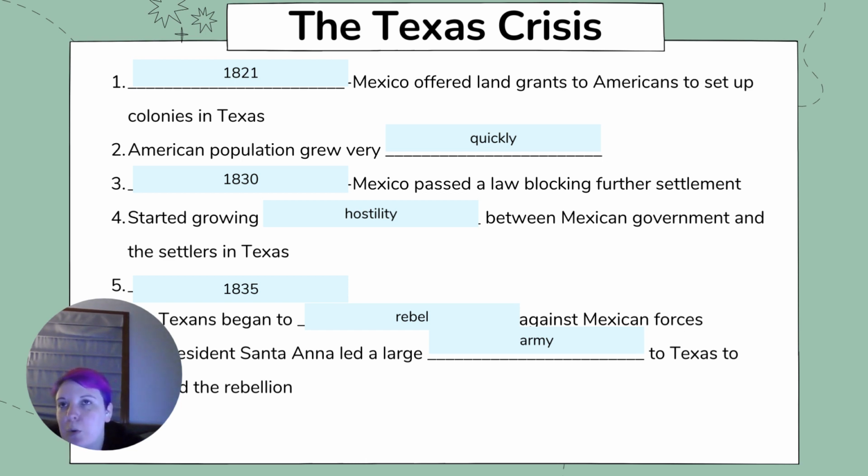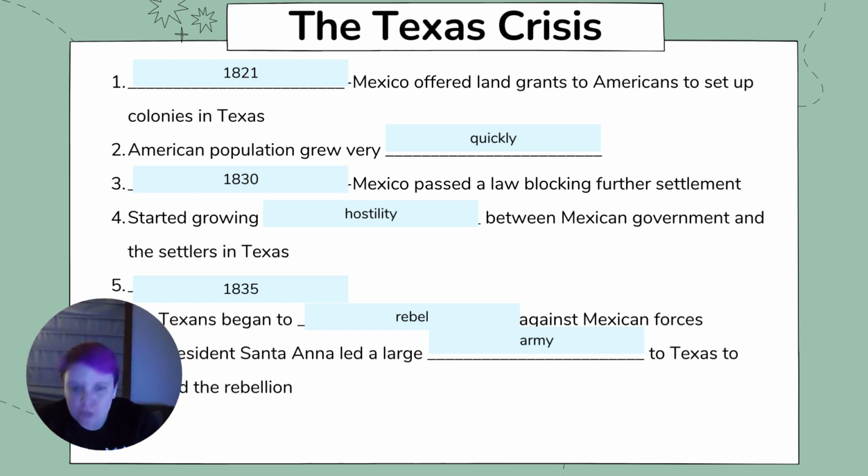So if you remember at this point, we had gained our independence from Britain and had gotten some of the land in the Louisiana Purchase, but some of that land wasn't the best for farming or raising animals. And some people wanted big plots of land. So that was something that they could get from the area available to them in Texas.